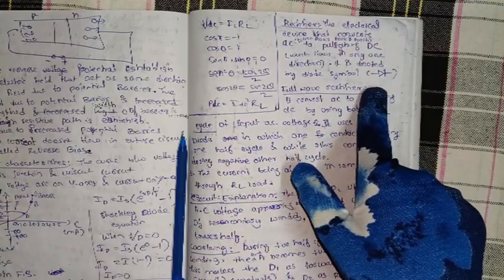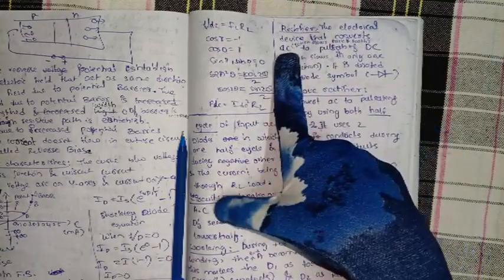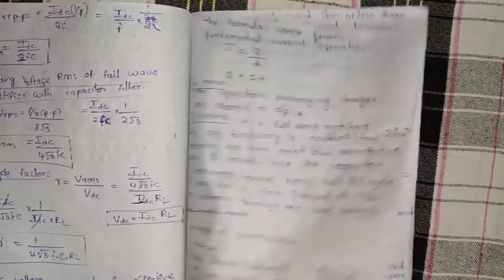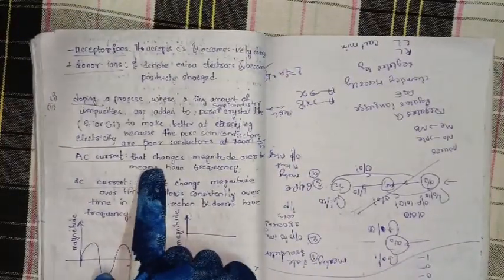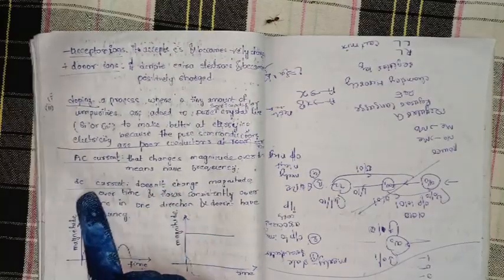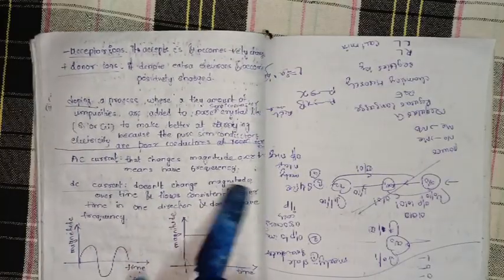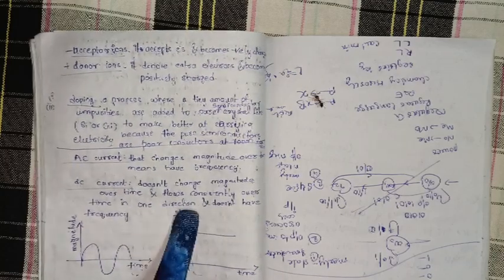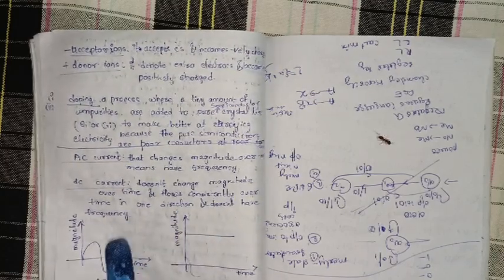So, what is AC and what is DC? We will see now. AC means current that changes magnitude over time, meaning it has frequency. And DC means current that does not change magnitude over time and flows consistently in one direction and does not have frequency.